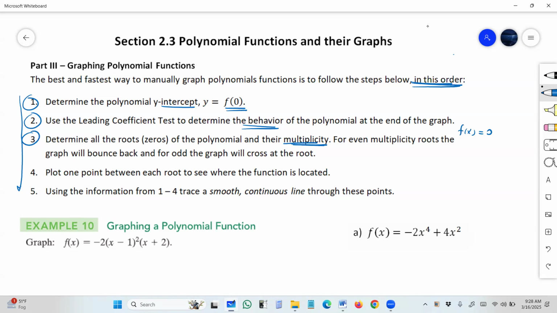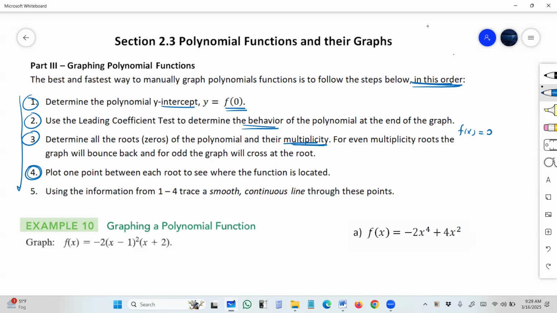Remember that if the multiplicity is even, if the exponent on the factor is even, the function bounces back in the same direction. And if the multiplicity is odd, the exponent on the root is odd, the function will cross the root at that particular value.